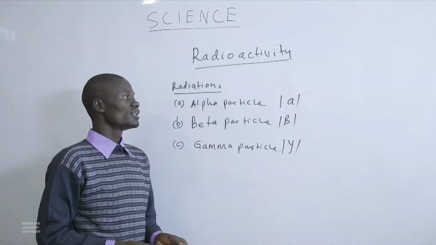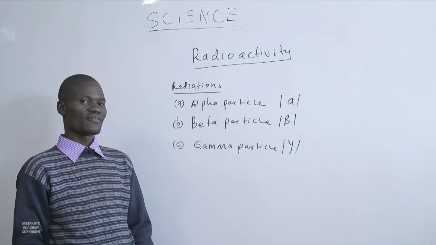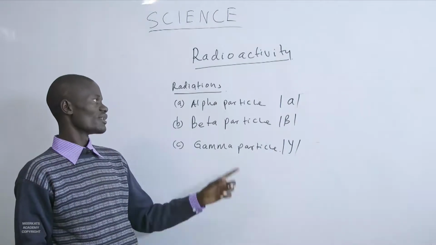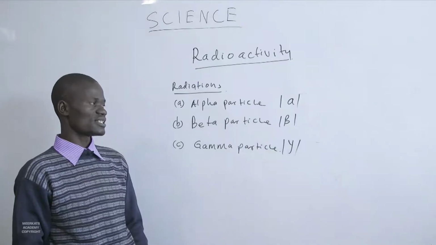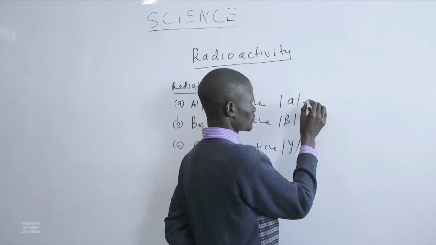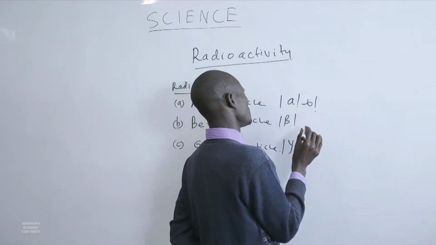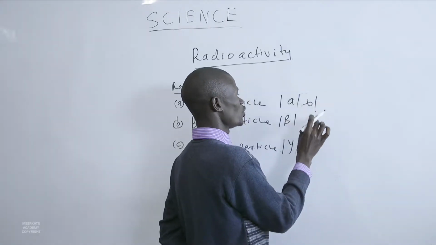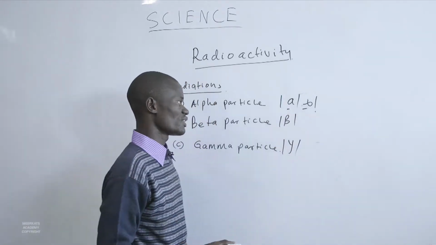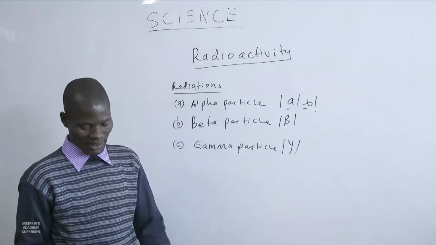Mostly in ancient times, the scientists used the first letters of the Greek alphabet. Therefore, alpha is denoted this way, or sometimes this way. This can also denote the alpha particle, picked by the first letter of the Greek, and then we have the beta particle and the gamma particle.